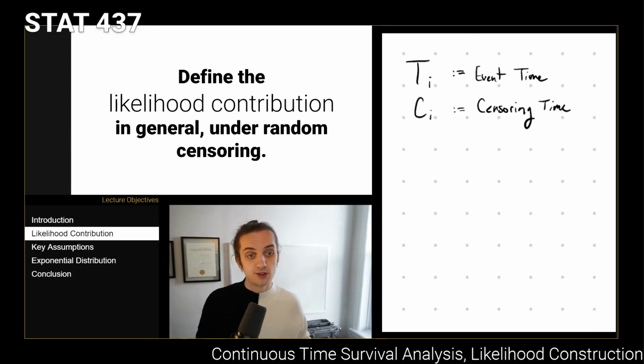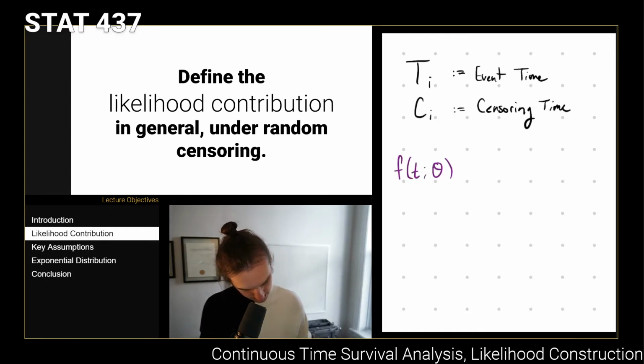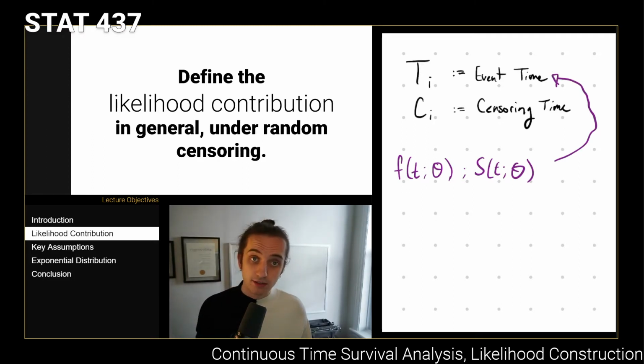In the last lecture, we introduced some notation, where we use f of t indexed with theta, and S of t, also indexed with theta, as the density and the survivor function for our event time process.